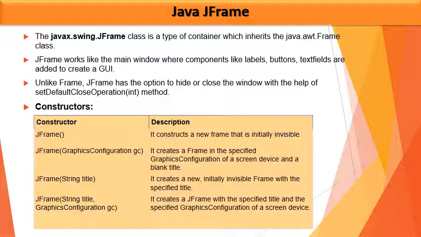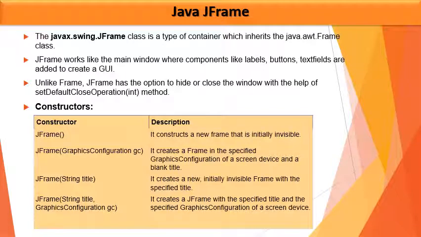These frames work like a main window where a number of components like label, button, text fields, panes, and so on, all will be added to create the graphical user interface.